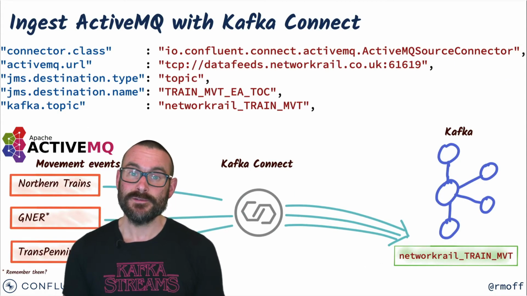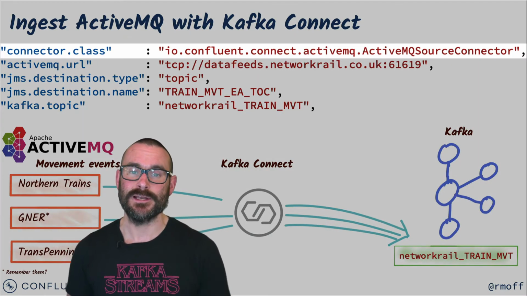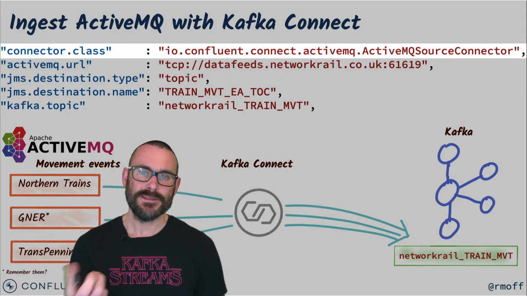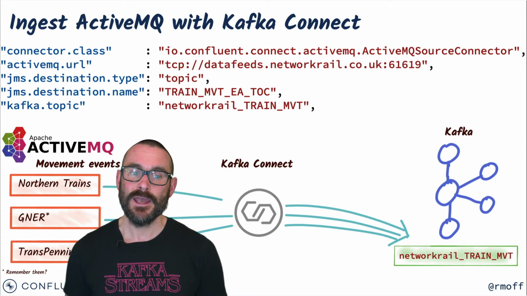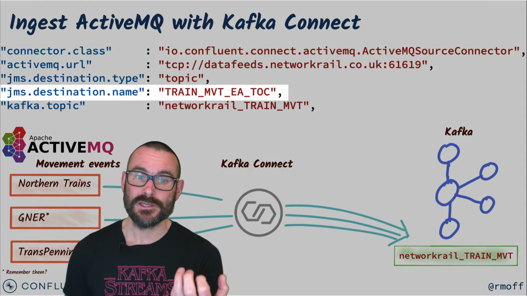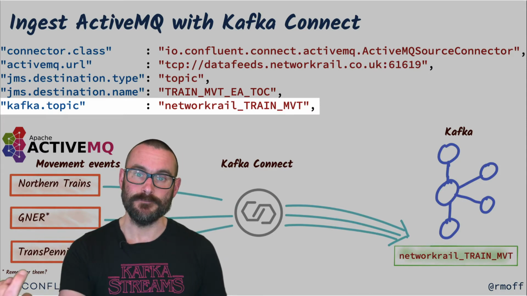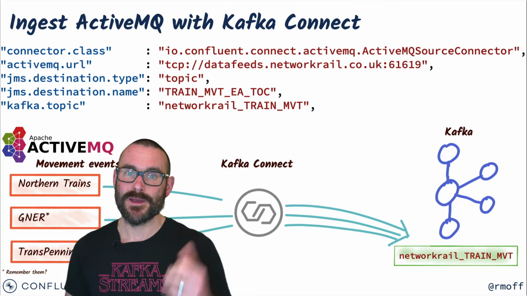Configuring it is relatively straightforward. We identify the particular connector that we're going to use in the connector class here. This is an extract of the JSON that you can see at the top. So we're using the ActiveMQ connector, we've got our credentials that we need to specify, and then we say which JMS queue we want to get the data from, and which Kafka topic we want to write it to. So we spin up several of these different connectors connecting to different JMS queues.